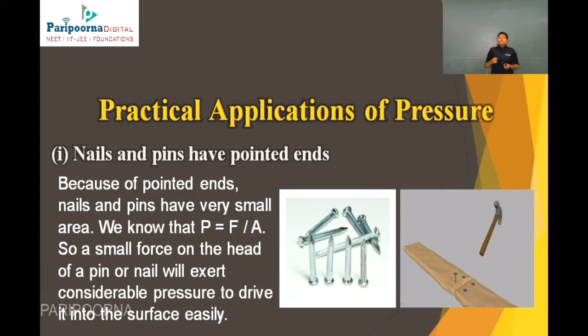You have noticed that pins and nails have a pointed end because it has a small area. So the force on the head of a pin or a nail will exert considerable pressure to drive it into a surface easily.